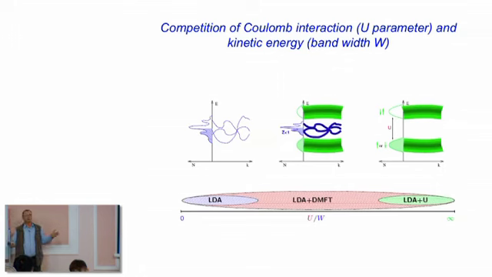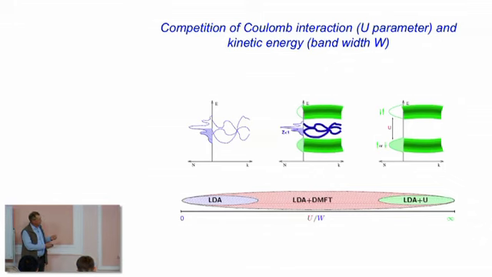So if you have a broad band, the lifetime is very small, and all electrons feel an average potential. If the bandwidth is small, then the lifetime on the site is large, and electrons have time to feel each other.